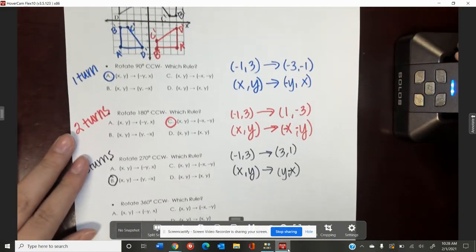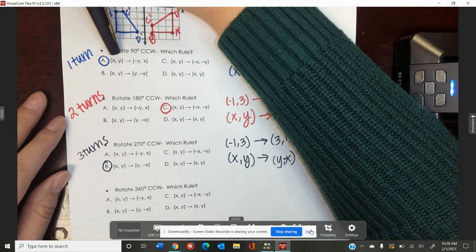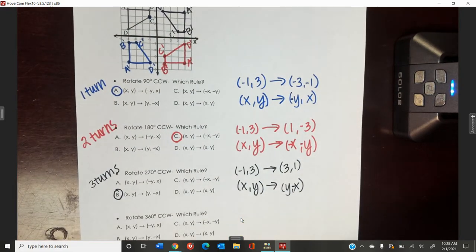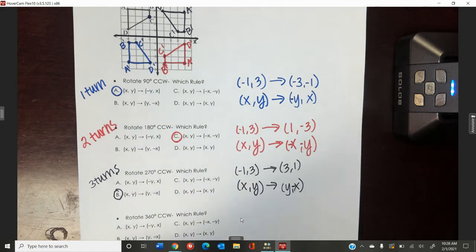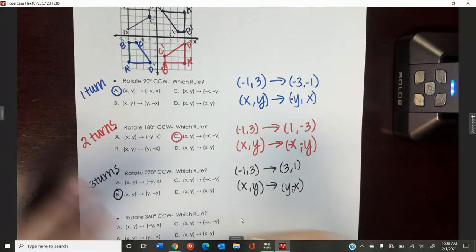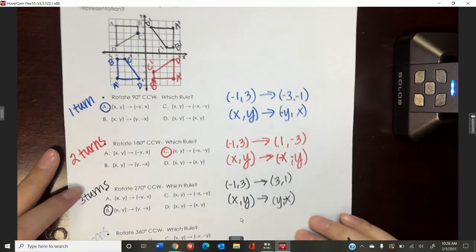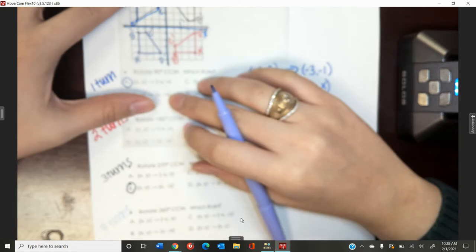Okay, and then lastly, we have 360 degrees, which is 4 turns. So what this means is I'm going to grab my patty paper, and I'm going to turn this 4 times.